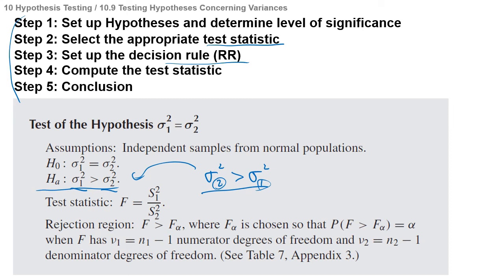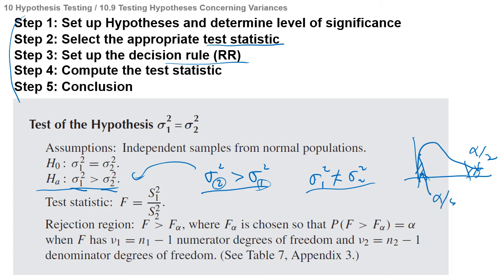And also, there is another alternative hypothesis that sigma 1 square is not equal to sigma 2 square. And also, you can decide the rejection region using this situation, just like before, because this is your F distribution, and then you can put alpha over 2 from this side and alpha over 2 from that side.